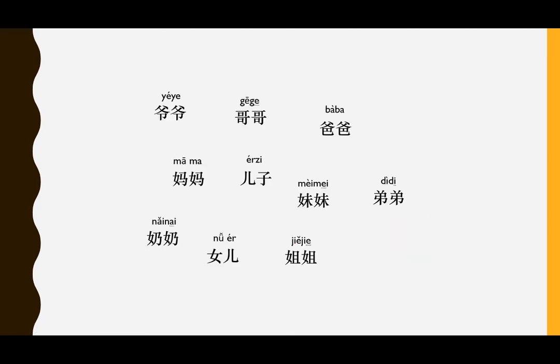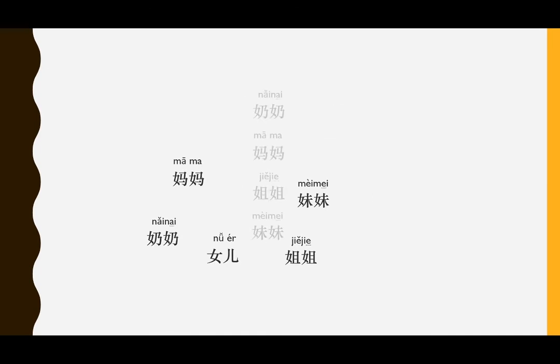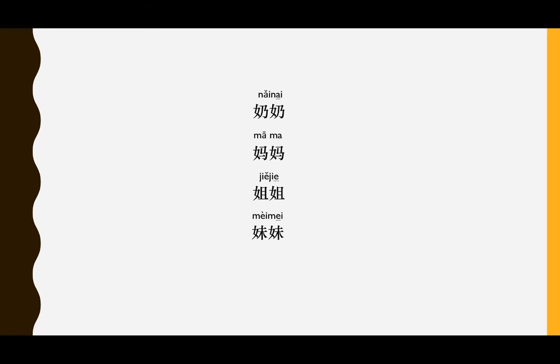I know these characters make you crazy. So now let's make it easy to remember. First of all, let's remove some of them. The rest are 奶奶, 妈妈, 姐姐, and 妹妹. And we can find that all of them contain the same radical.